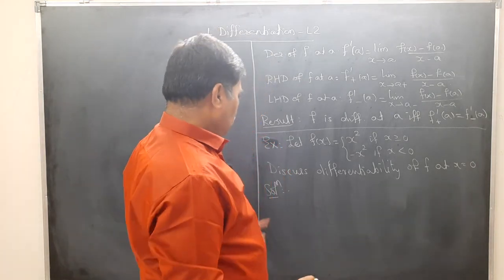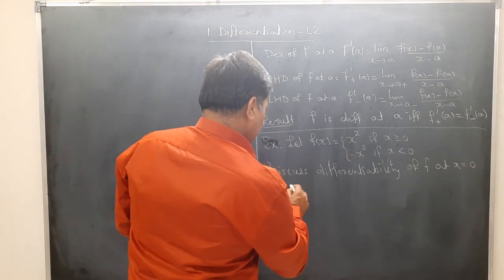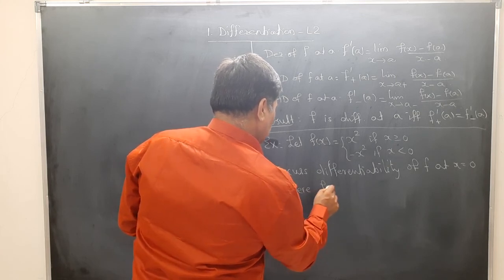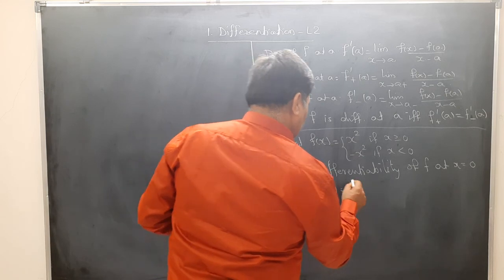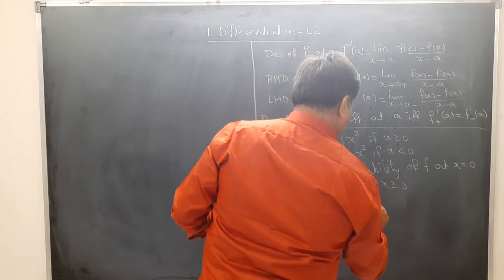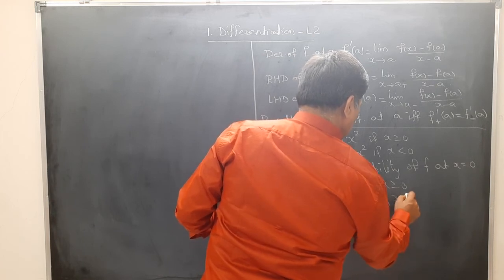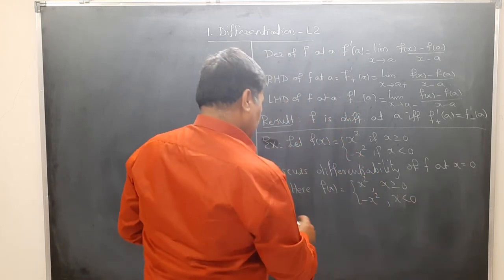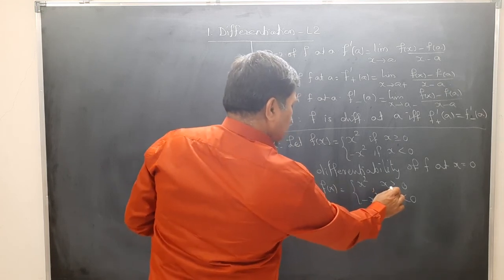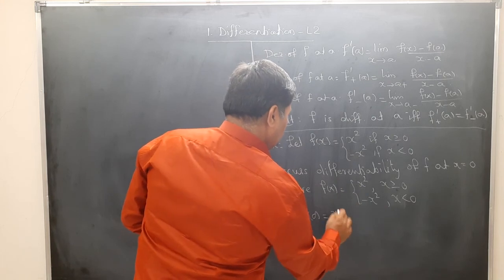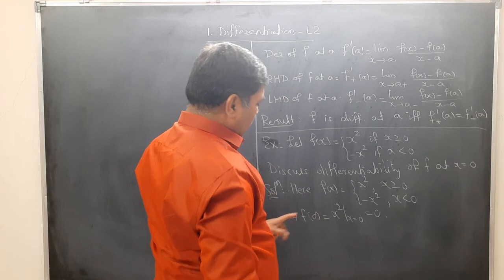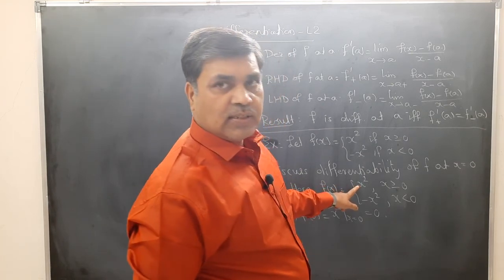Is it right? So if I take here f(x) is equal to x square for x greater than or equal to 0, and minus x square for x less than 0, which implies f of 0 is 0. For x greater than or equal to 0, x square at x equal to 0 gives value 0, so we obtain f of 0 by the expression x square.